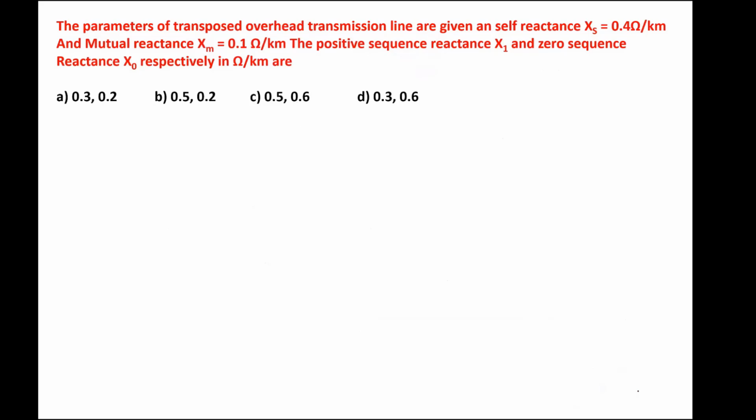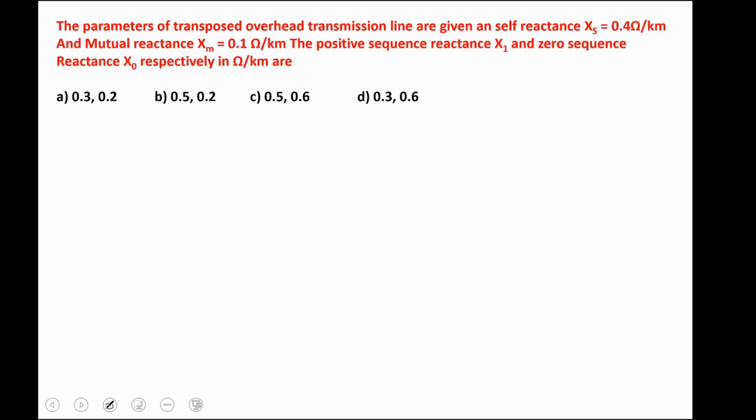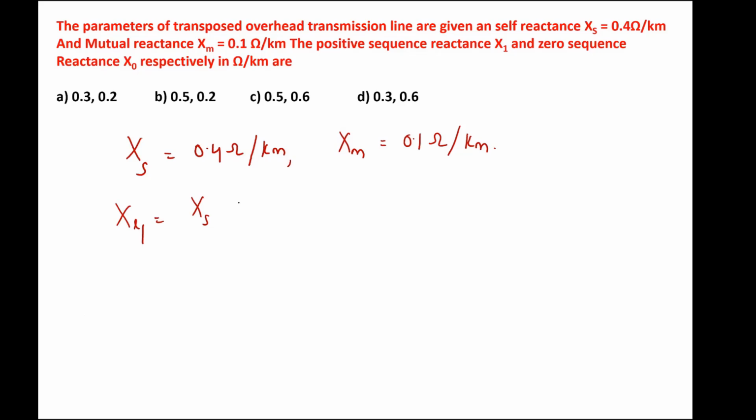Next, try to tell this answer at least. 0.3 and 0.6, sir. Good, 0.3 and 0.6. Here XS value is 0.2 ohm per kilometer. XM value is 0.1 ohm per kilometer. So positive sequence reactance XL1 will become XS minus XM, which is 0.3 ohm per kilometer.